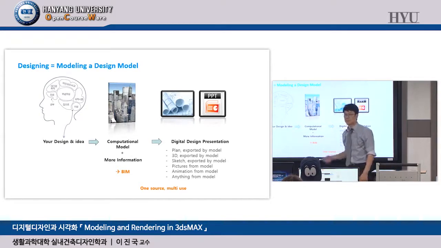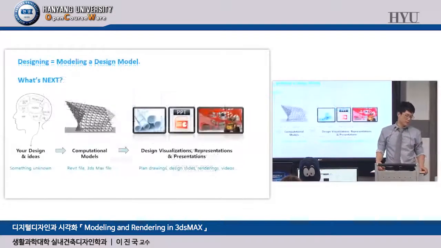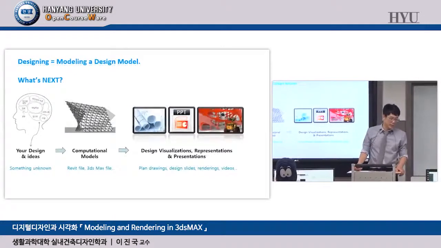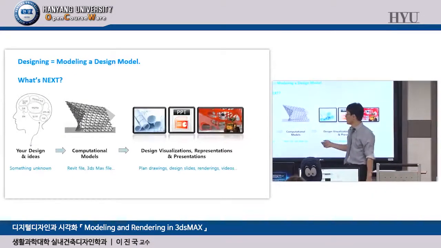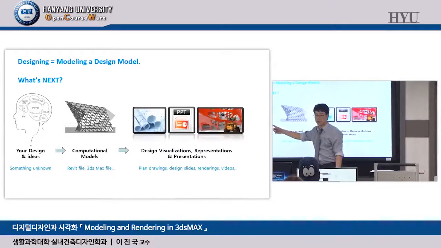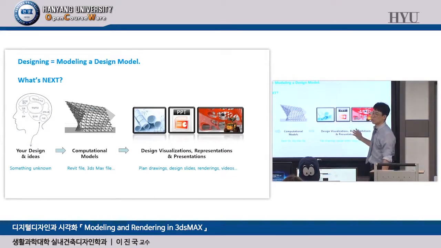This is next semester's topic, a little bit in this class, okay? So designing is equivalent to modeling a design model. What's next? Design idea from your head. No one can see your idea. No one can open your brain, okay? No one knows your design before you made something, okay? Create a model and extract visualizations, design visualizations.